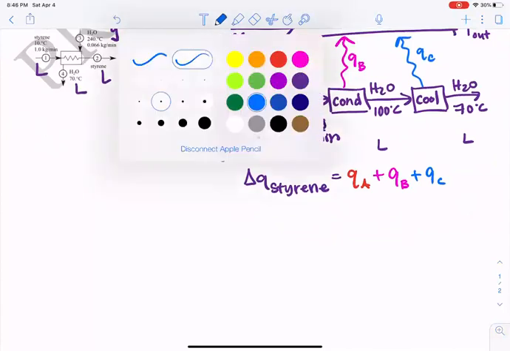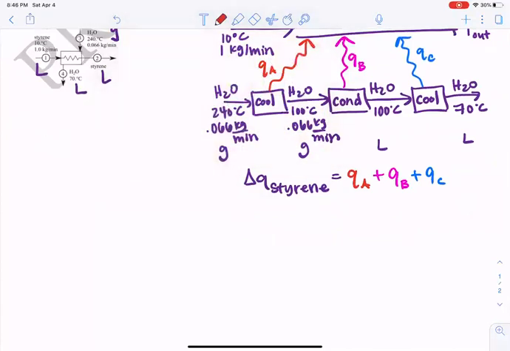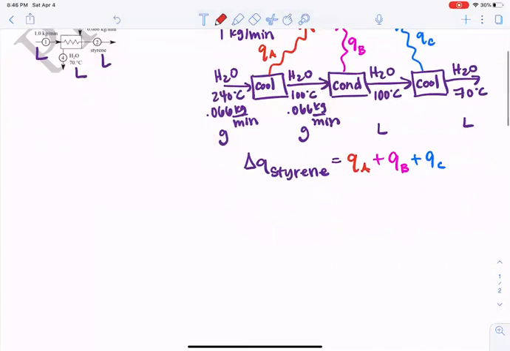So QA is how much heat does water lose just by cooling as a gas from 240 to 100. So this is where you do have to think about signs a little bit. Our delta Q of water in this situation is going to be negative.